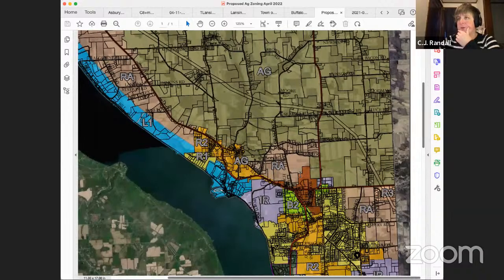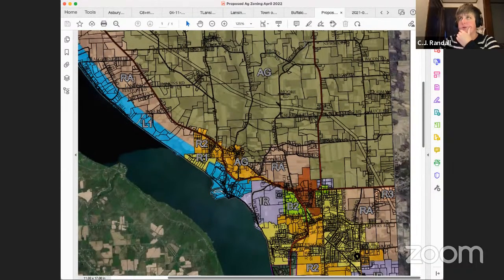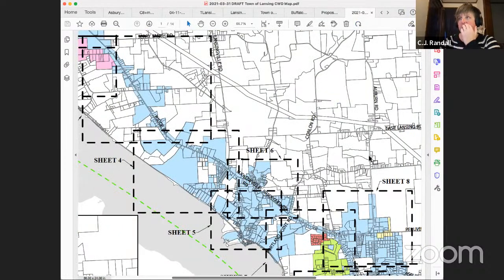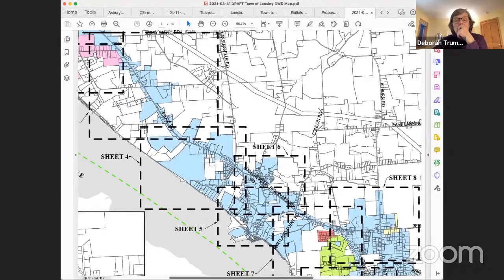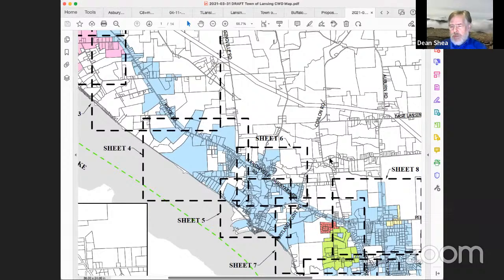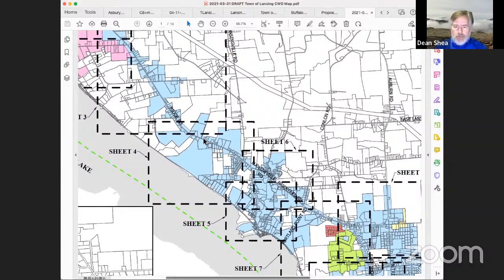This area is proposed to have water service. It doesn't seem to be penciling right now though. But no, there's no water service heading into North Lansing. Should we be thinking about taking groups of the residential along Auburn Road and making those RA?